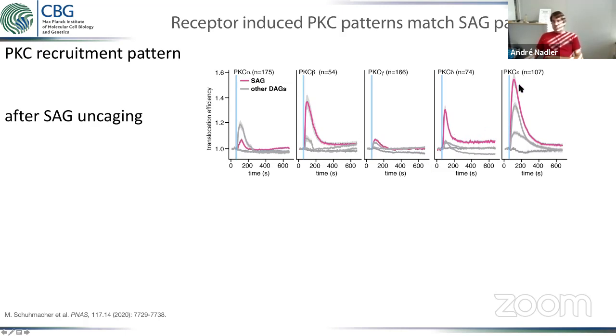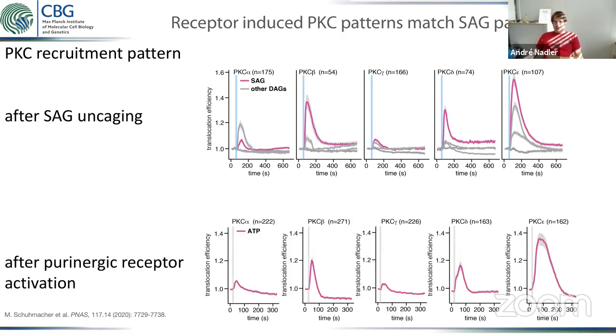So you get a strong and pronounced response, recruitment of PKC epsilon, a briefer recruitment with an intermediate amplitude for PKC delta, almost nothing for PKC gamma, strong response for PKC beta, and only a small response for PKC alpha. Now, if we take the same cells and activate purinergic receptors by simple addition of ATP, we find something that is essentially a mirror image.